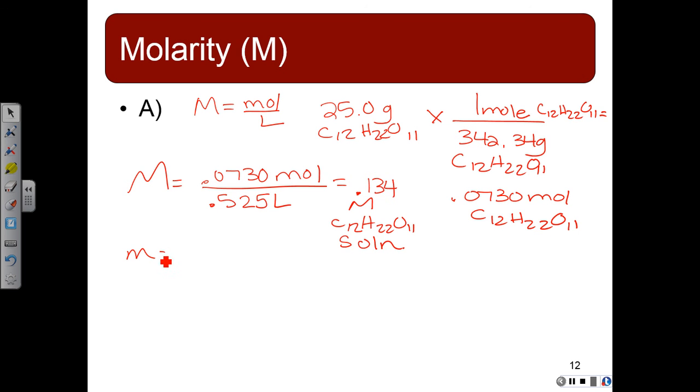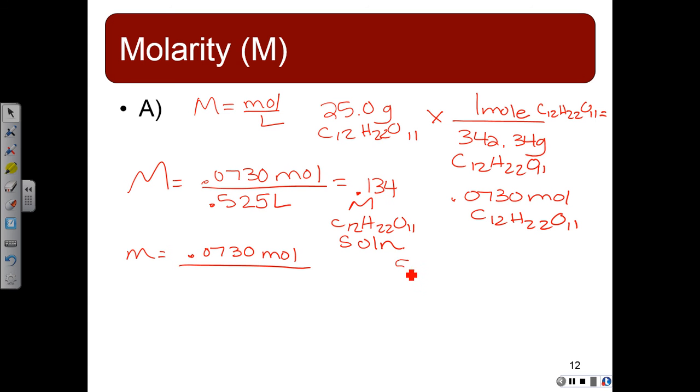Molality is equal to moles of your solute, so we can go ahead and put that there, over kilograms. If you run into a problem where you're given the solvent, ethanol, but we're given the volume, our units are not in mass. The neat thing about density is its units have mass and volume, so we can use density to find grams.